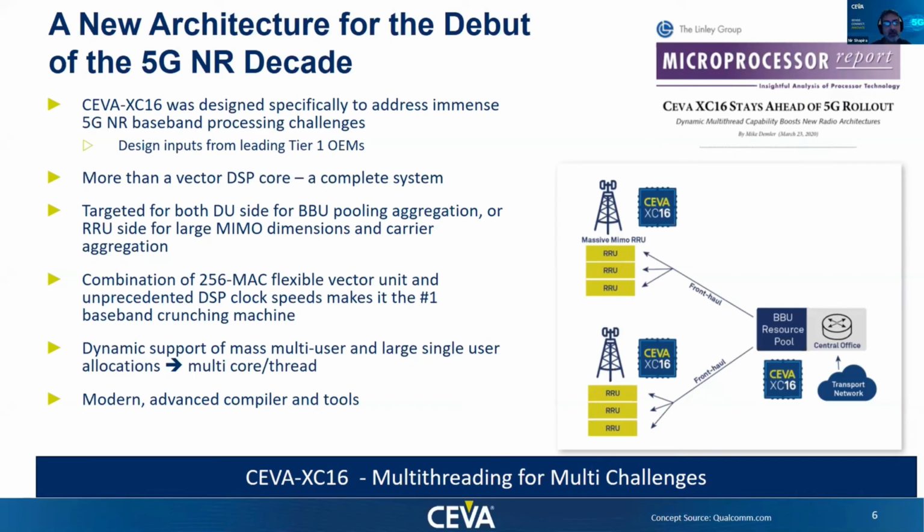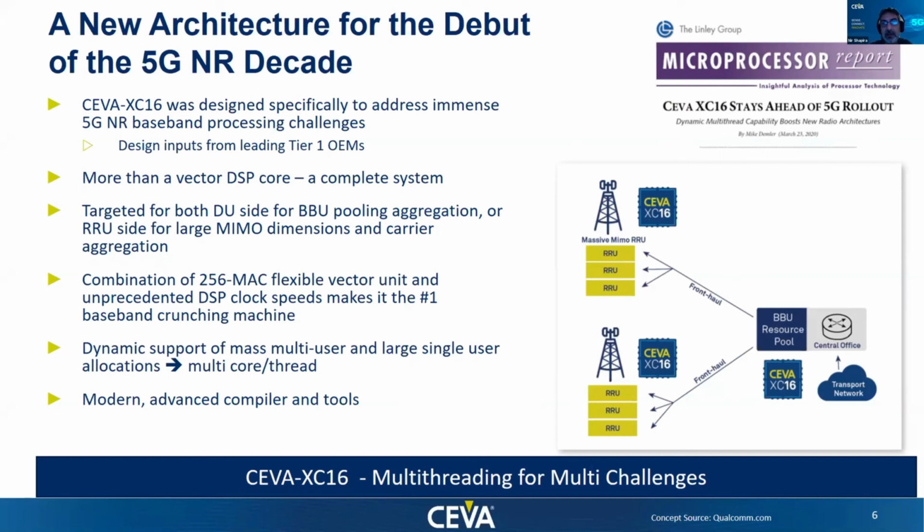This combination of a 256 MAC vector unit and really very fast clock speeds makes it a leading baseband crunching machine.